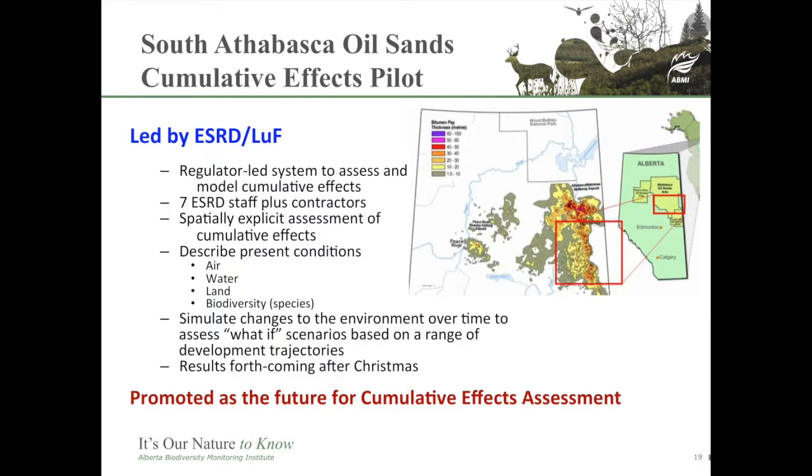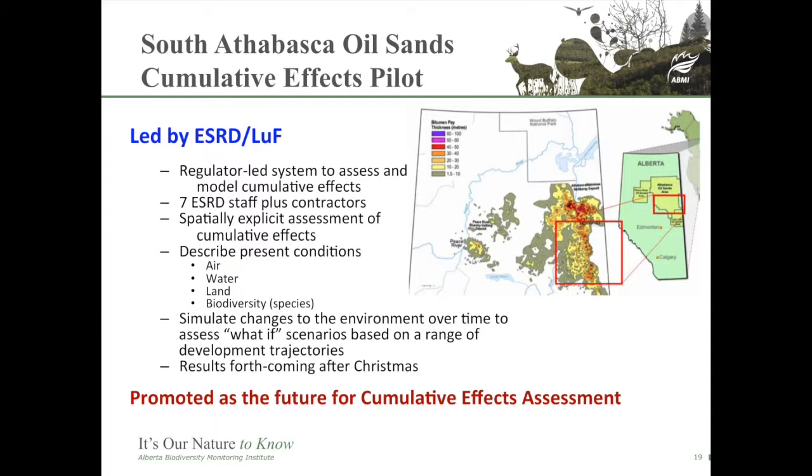The last thing that I'd like to touch on is in the last 2 or 3 years within the land use framework and ESRD, there's been a group that said, you know, we can internalize this cumulative effects assessment. So they said, let's do a pilot in the southern oil sands region. It happens to be the same region that we did the AUPRF project within.